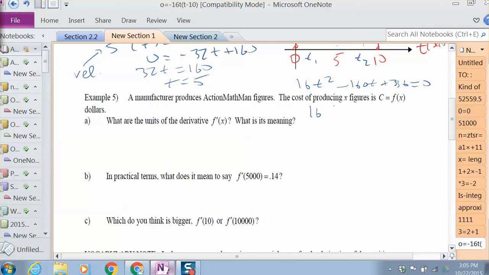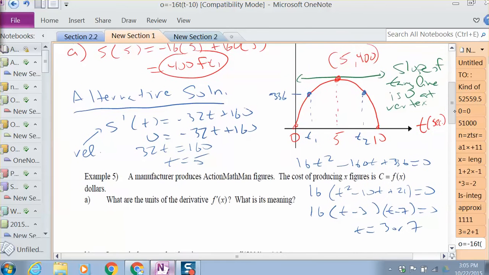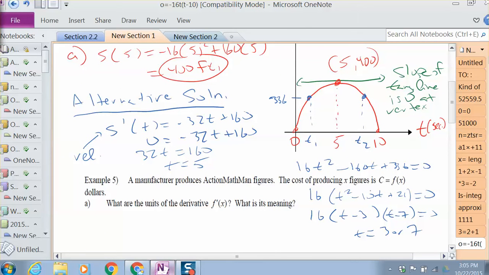Factor out 16. Keep factoring it. So basically I set the position function equal to 336 and factored it. So we find the 2 times in which the height's 336 are 3 and 7.